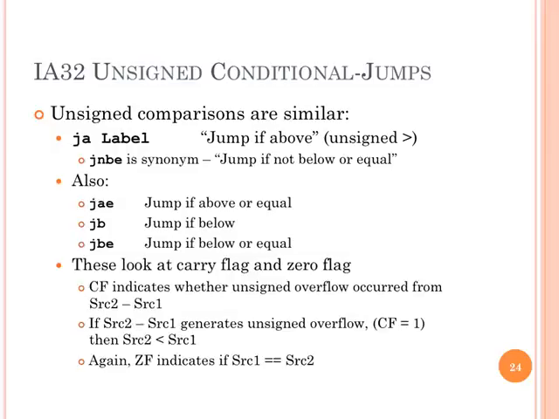And these are just going to look at the carry flag and the zero flag. Because remember, the carry flag is going to be set if there is an unsigned overflow. And so you can use that to tell if one value is above or below the other. Zero flag will still tell you if they're equal. Okay?